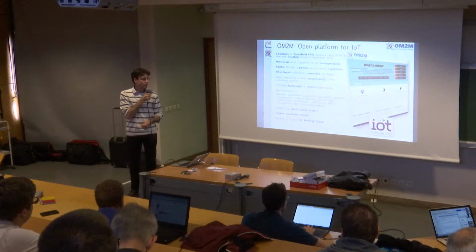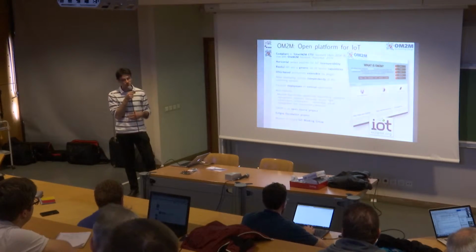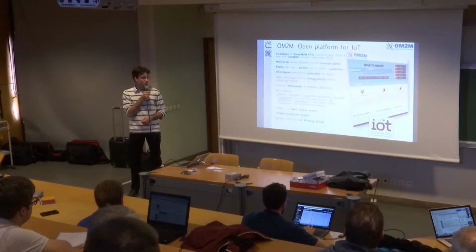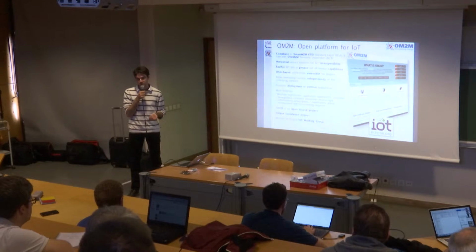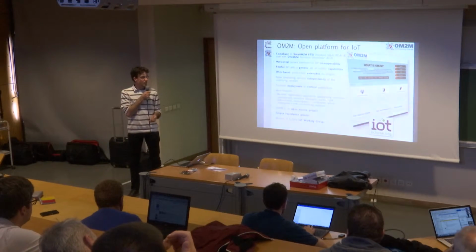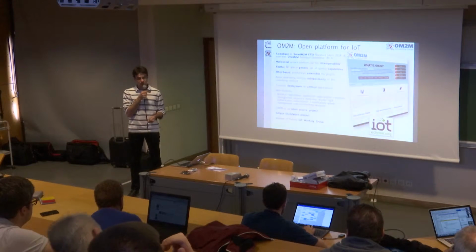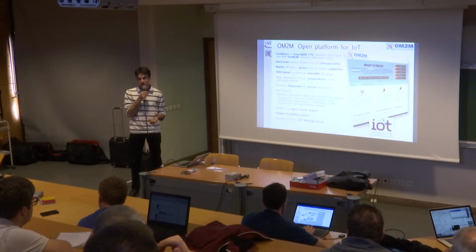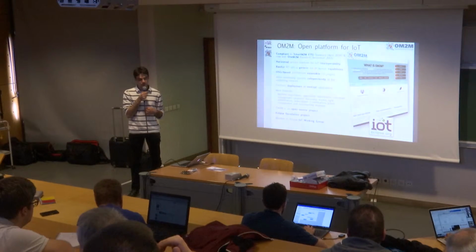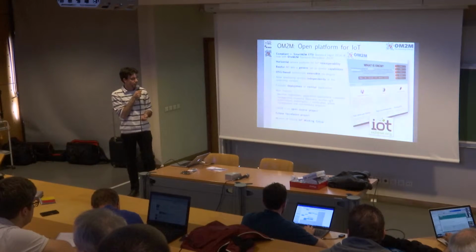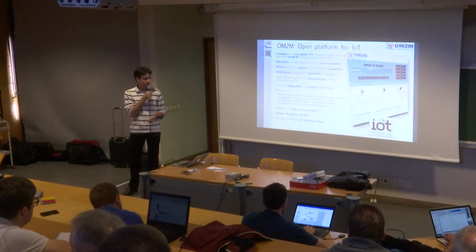So OM2M is based on a RESTful API and REST architecture. It offers a generic set of capabilities and resources based on the standard. It's also based on an OSGi architecture, so it's really easy to extend and to improve with a plugin architecture.